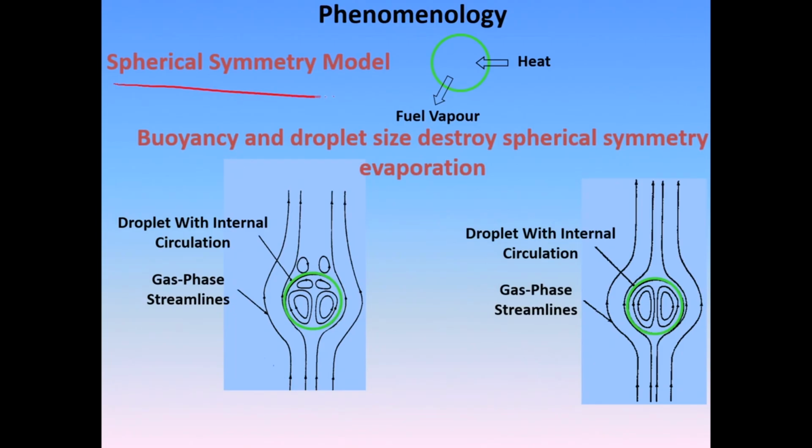Now, one other interesting thing that will come after this one, is that most of the time people assume there is something called a spherically symmetric model. What is a spherically symmetric model? It is a model of a droplet which is vaporizing into a quiescent ambient where there is no flow. The droplet is nice and easy sitting over there, there is no flow around the droplet, and it is isotropically vaporizing inside a quiescent environment.